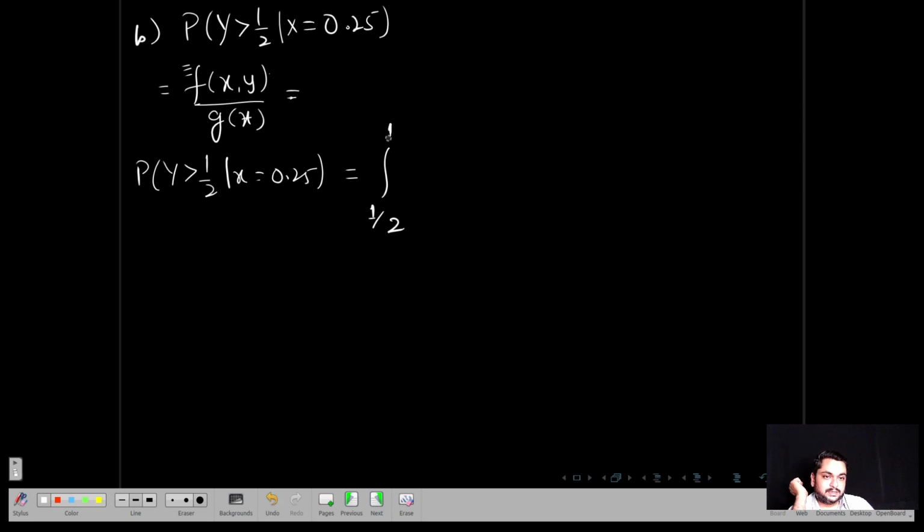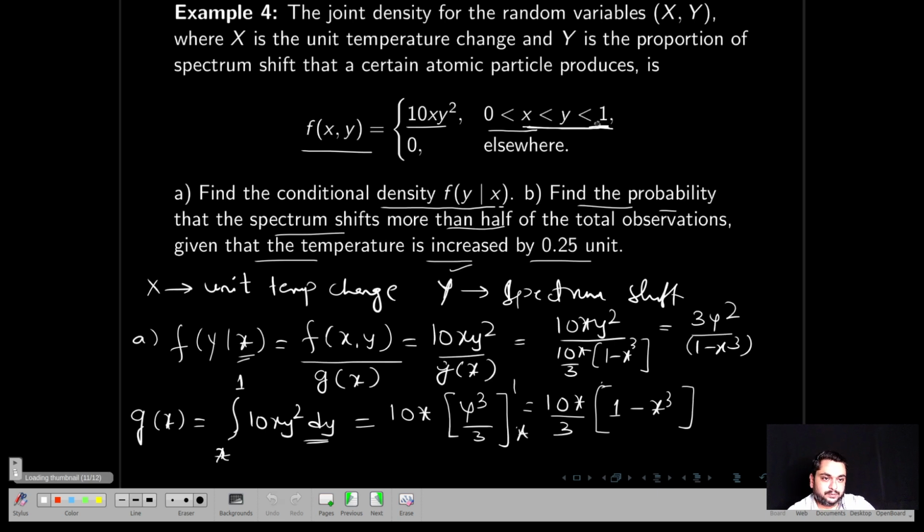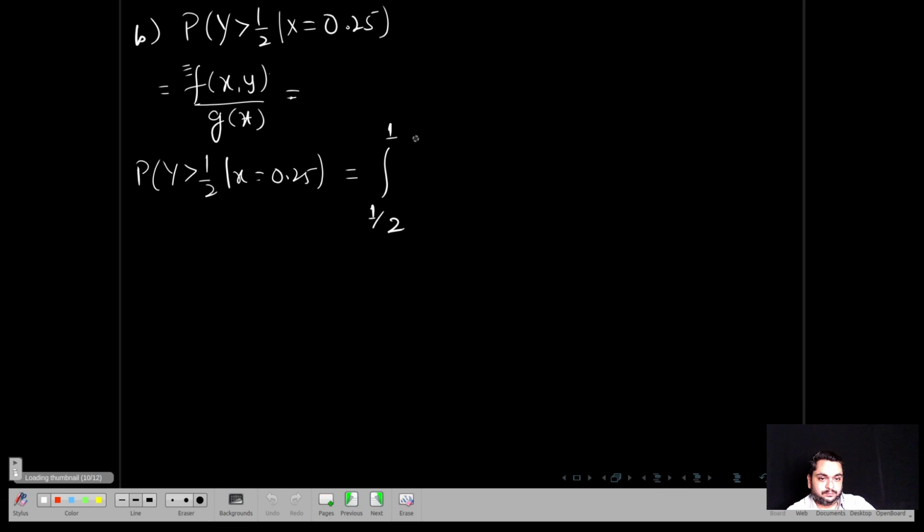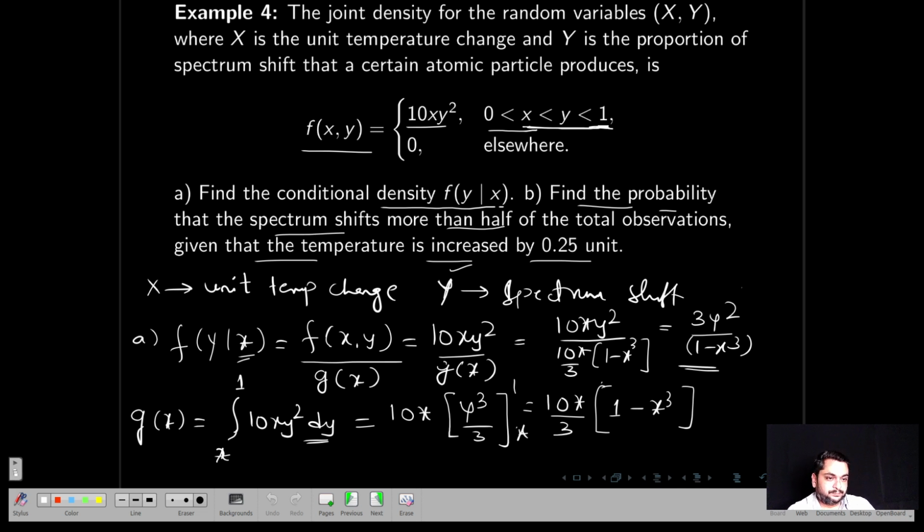Now what value did I get? 3y square divided by 1 minus x cube. You already found it.